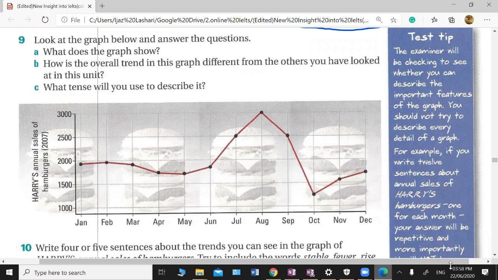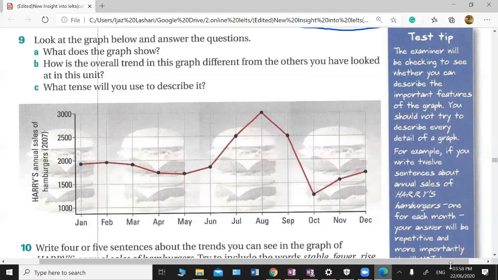It is about sales, maybe 1,000 burgers, maybe 1,500, 2,000, 2,500, 3,000. And the horizontal axis tells us about months. Okay, January, February, March, April, May, June, July, August, September, October, November, December, right?